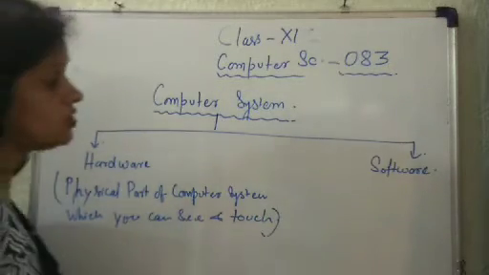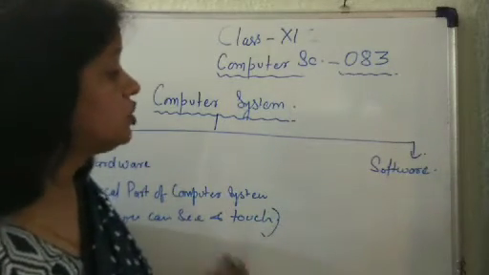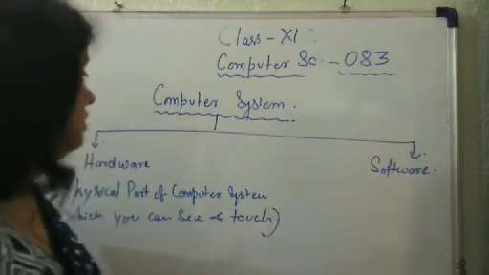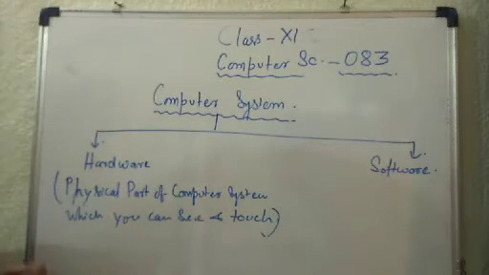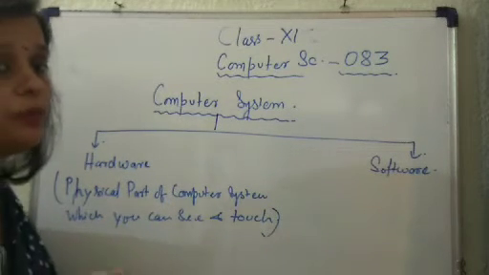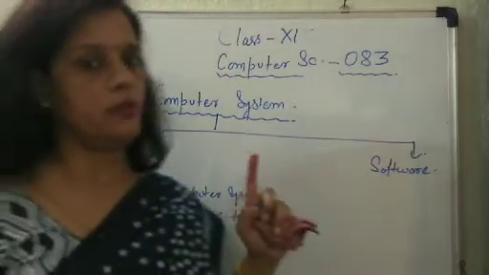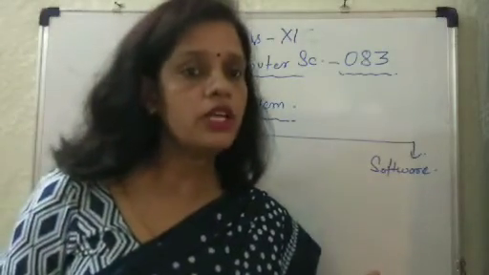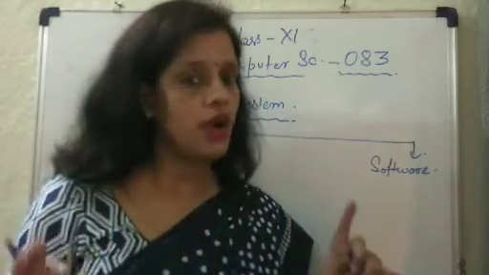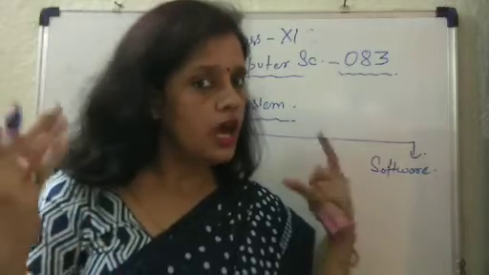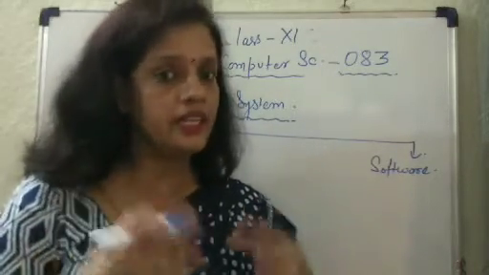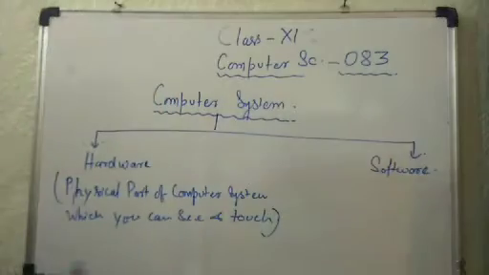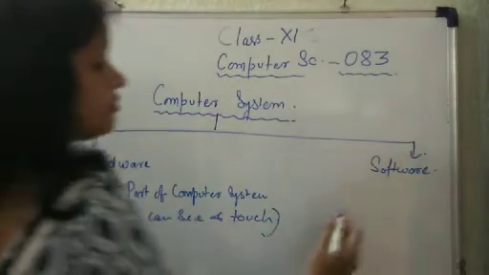Then what is this software? Dear students, you must know that in the absence of either one, there is no meaning of the other. If hardware is not there, there is no meaning of software. If software is not there, then there is no meaning of hardware. So both hardware and software make the computer integrated. Now software is what?